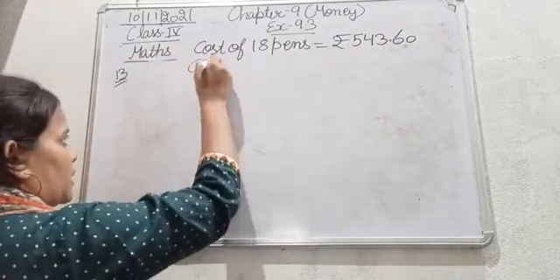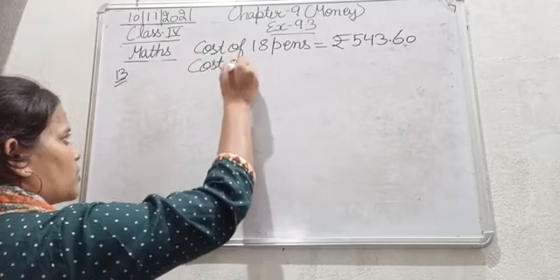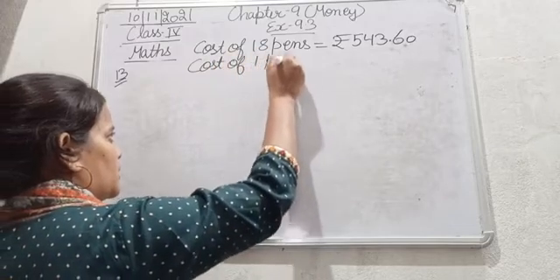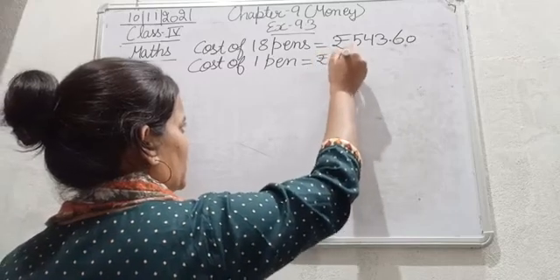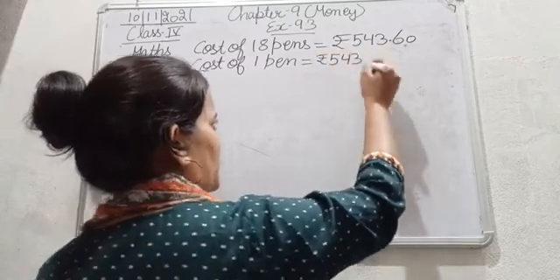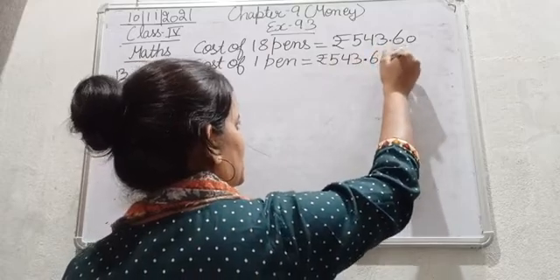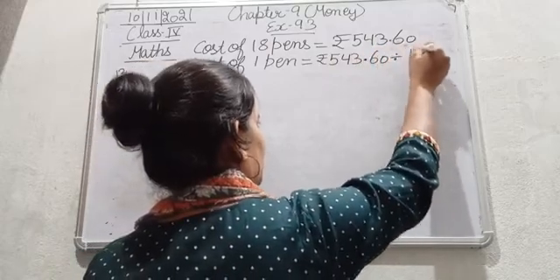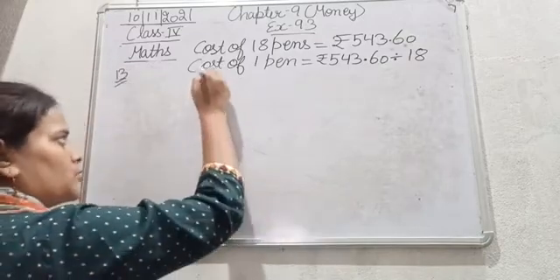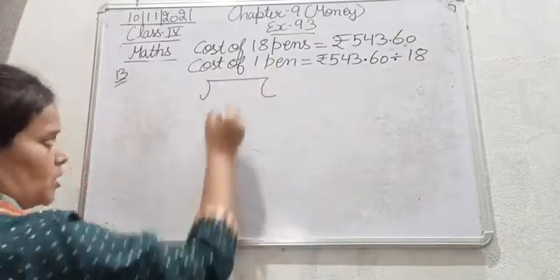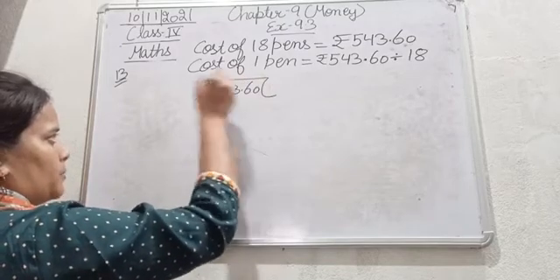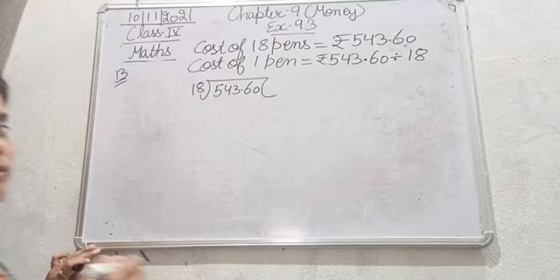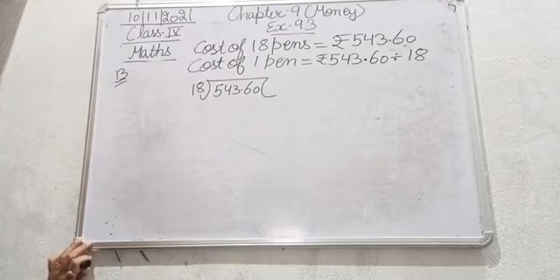We need to find out the cost of 1 pen. For that we need to divide the cost of 18 pens, that is 543 rupees 60 paisa, by the number of pens, that is 18. So let's do the division: 543 rupees 60 paisa divided by 18.